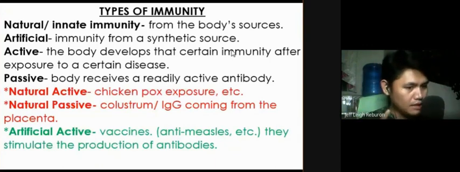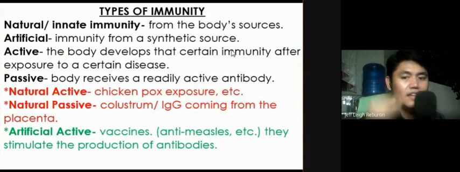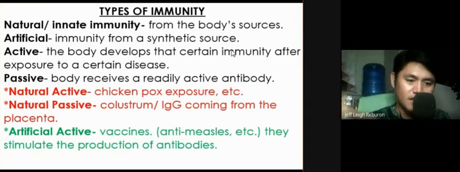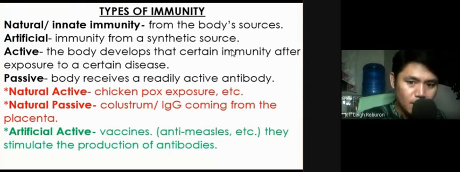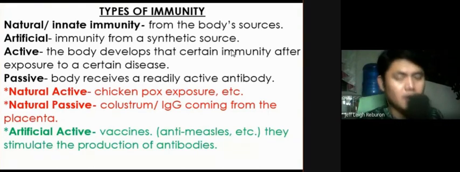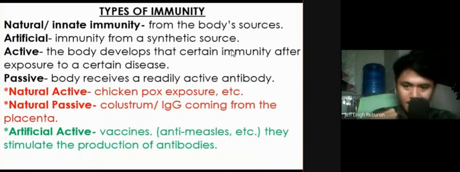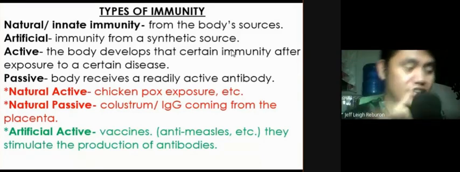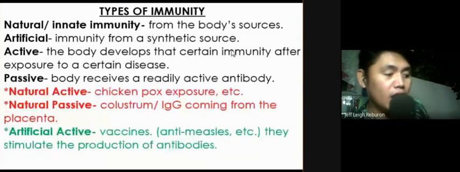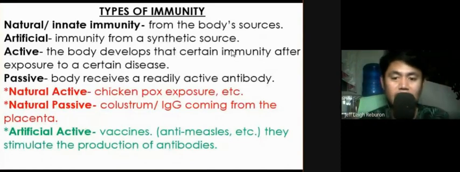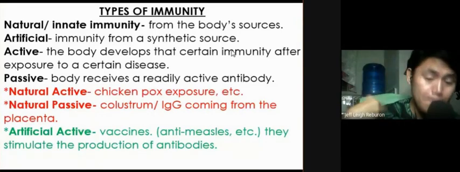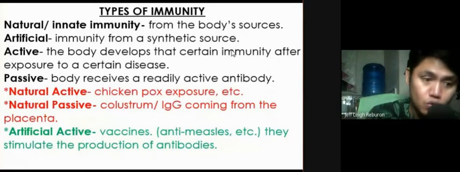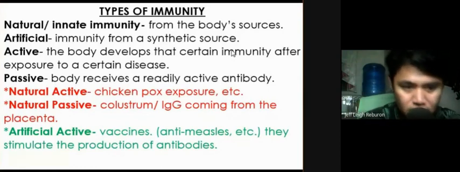Nag-fever ako ng kaunti, and then after that, na-produce ko yung antibody. Ngayon, pag may nag-measles, hindi na niya ako ma-i-infect because I already have the antibody. Kasi nagbakuna na ako. So, artificial, galing sa bakuna, pero ikaw mismo ang nag-produce, so artificial active.